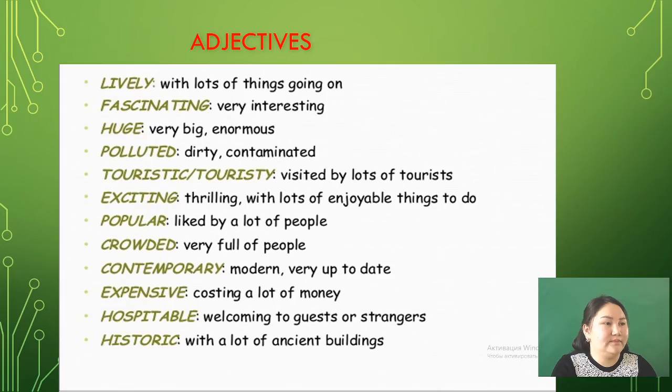So, and also there are some adjectives that help you when you're describing your place. Let's pay attention to the words. Lively. Lively means with lots of things going on. Fascinating. It's a synonym of the word interesting.